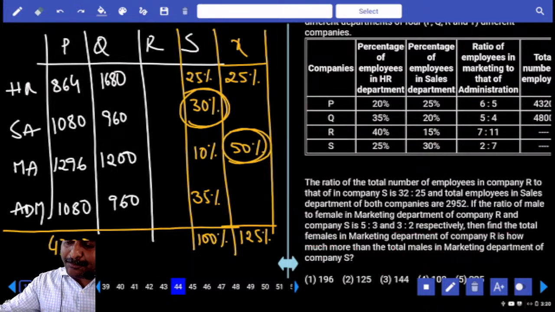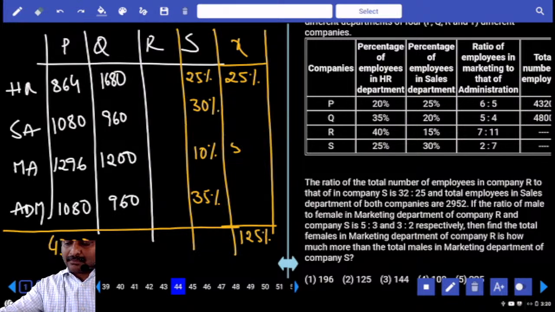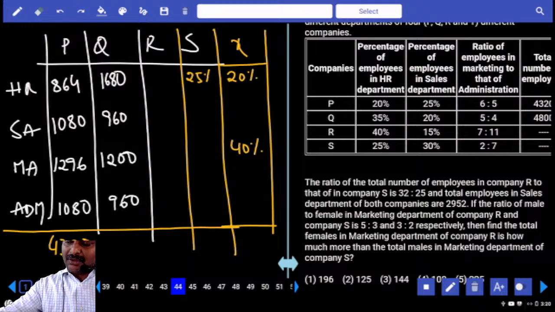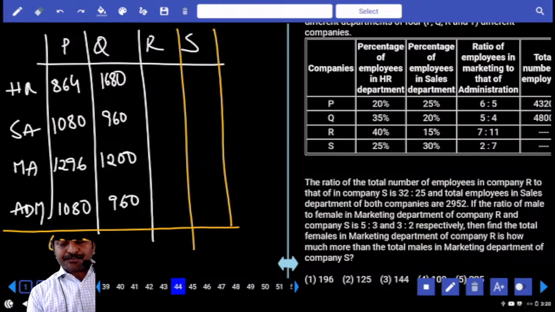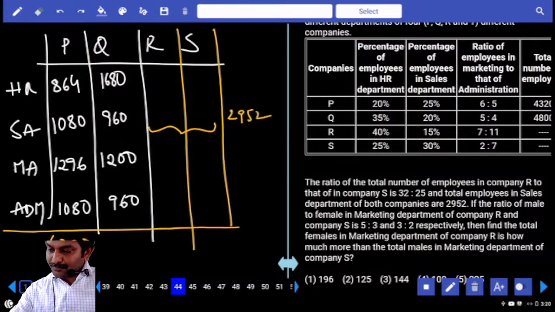The total number of employees in company R to that of company S is 32:25. Total employees in sales department of both the companies are 2952.